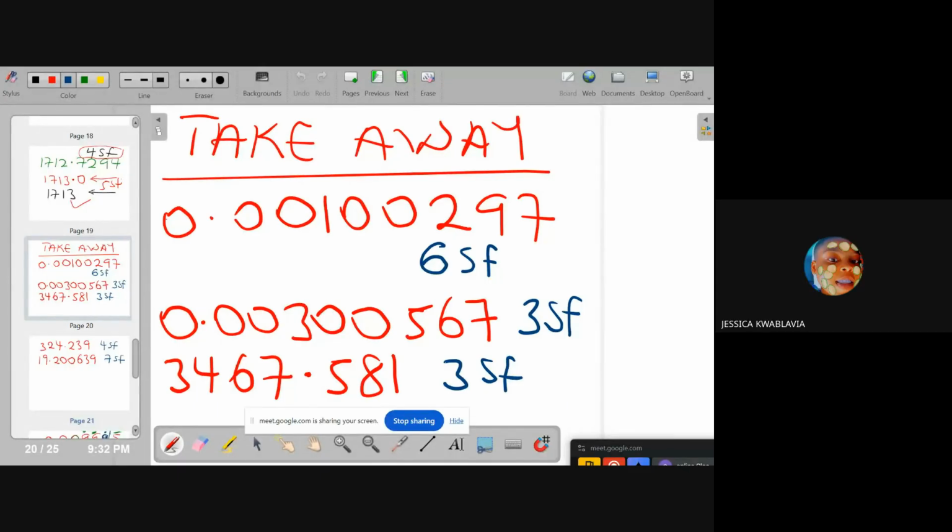So we have 0.00100297, and the significant figures in it are 6. You should take it to the given SF. So it is a way to test your understanding, whether you really understand. So your question is correct. There's no mistake.